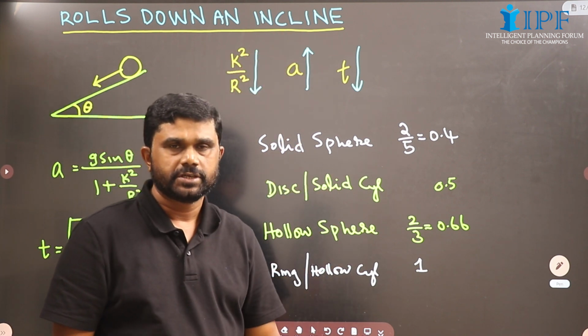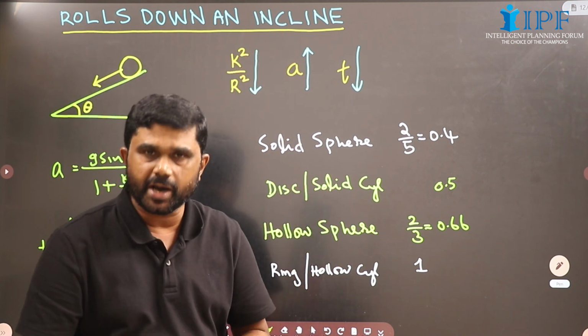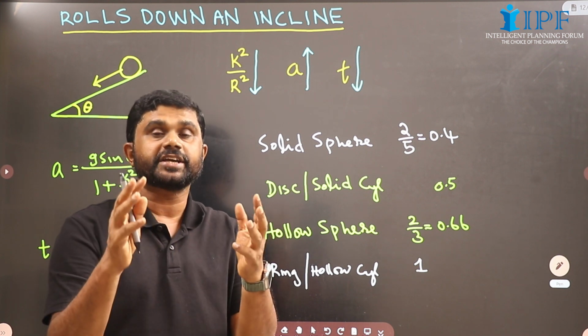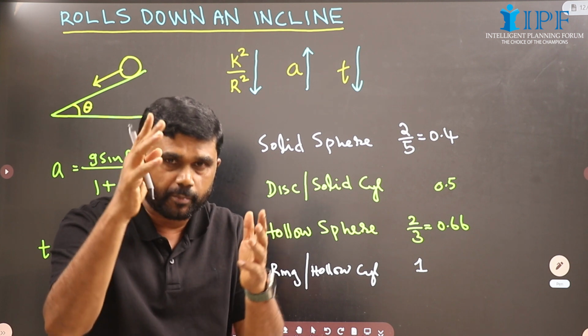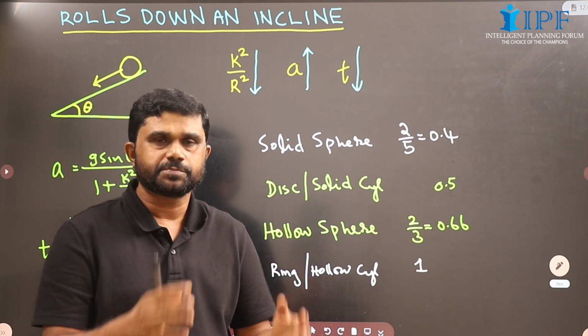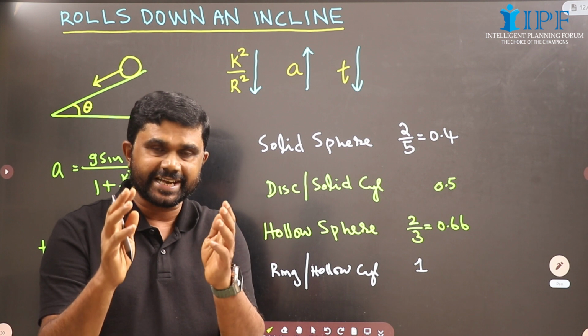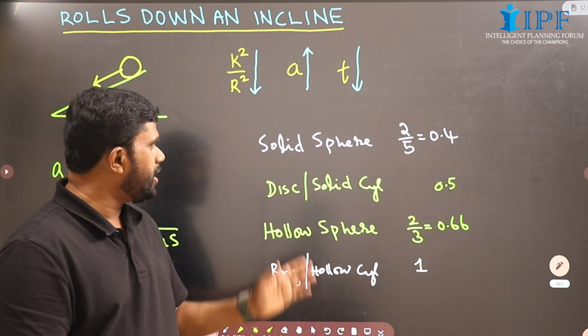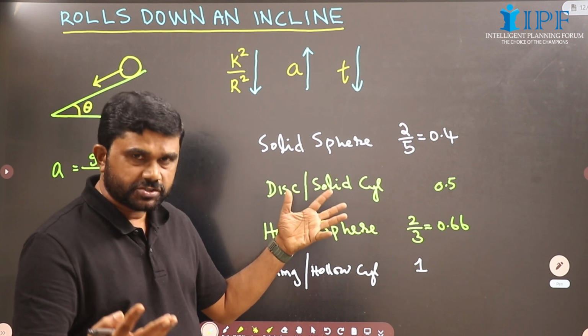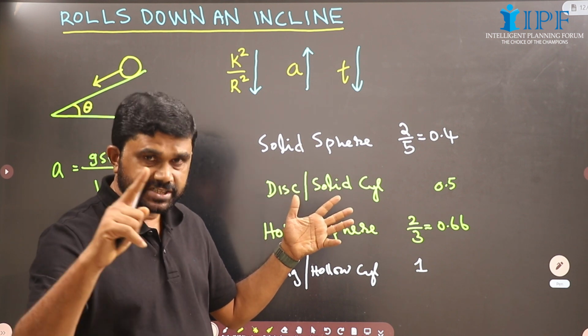For the solid sphere, the moment of inertia is 2 by 5 mR square, and the ratio k square by R square is the coefficient of mR square in the expression for moment of inertia. As its moment of inertia is 2 by 5 mR square, its k square by R square is 2 by 5, which is 0.4. Now we have the disc or solid cylinder, and its moment of inertia is half mR square.